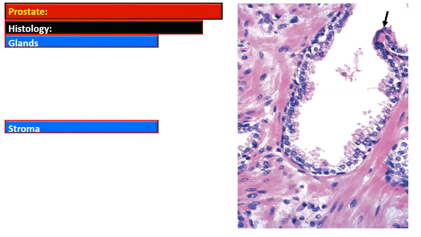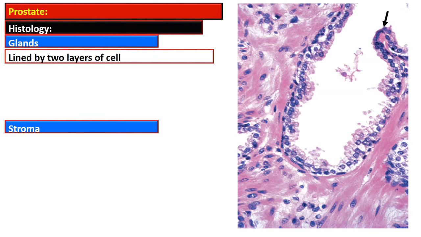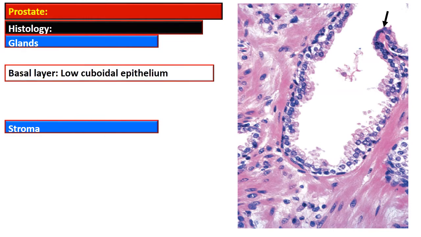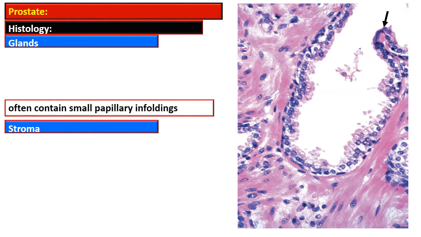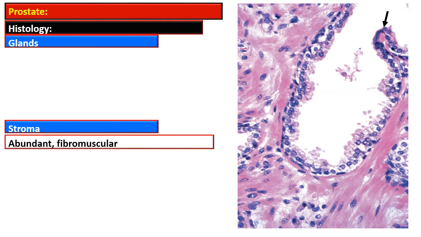The prostate is composed of glands and stroma. The glands are lined by double-layered epithelium, and the basal layer is low cuboidal epithelium, while the luminal side epithelium is columnar or secretory cell epithelium. This epithelium often undergoes papillary infolding, which is marked by this black arrow.